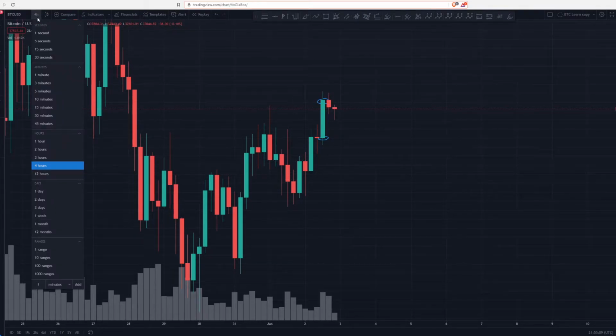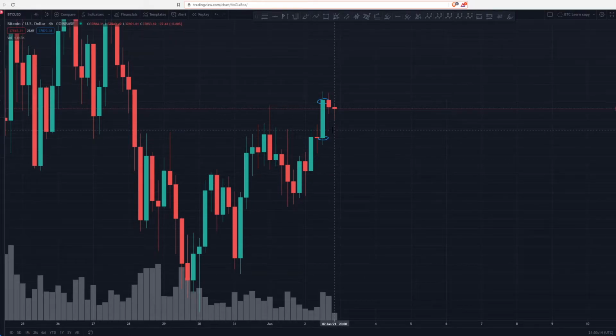If you're talking about a 4 hour time frame, the first second of that 4 hour is where the candle opens, and the last second of that 4 hour time frame is the close. That's what we mean by open and close.